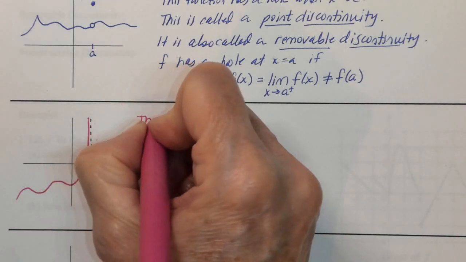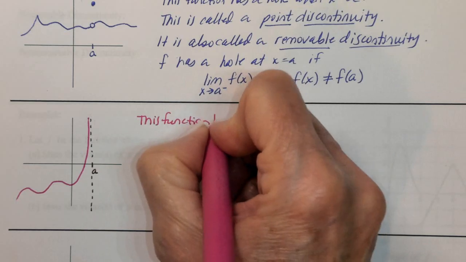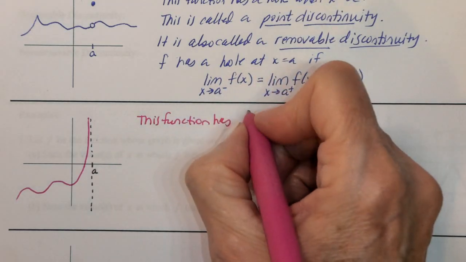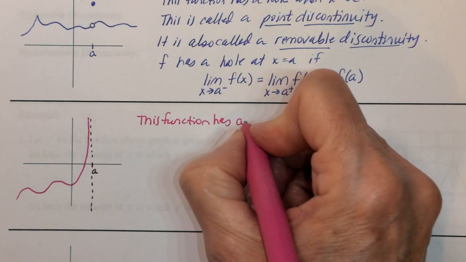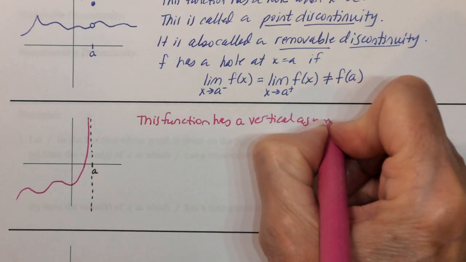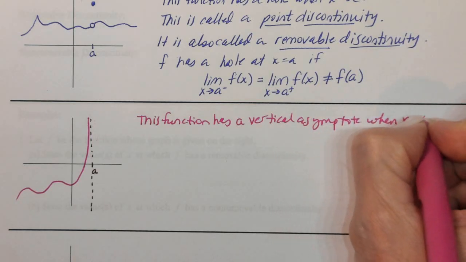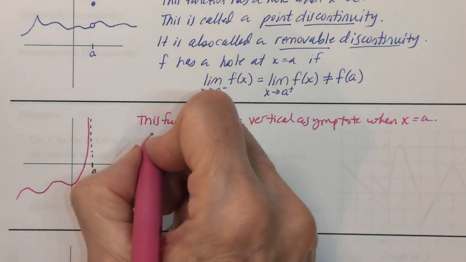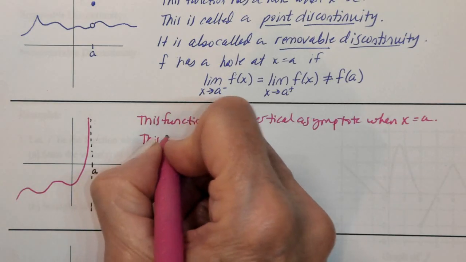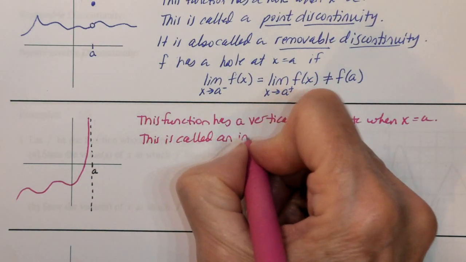This function has a vertical asymptote when x is equal to a. This is called an infinite discontinuity.